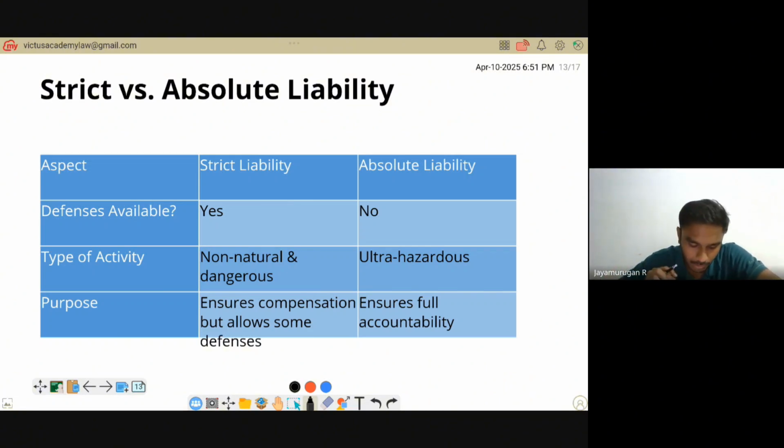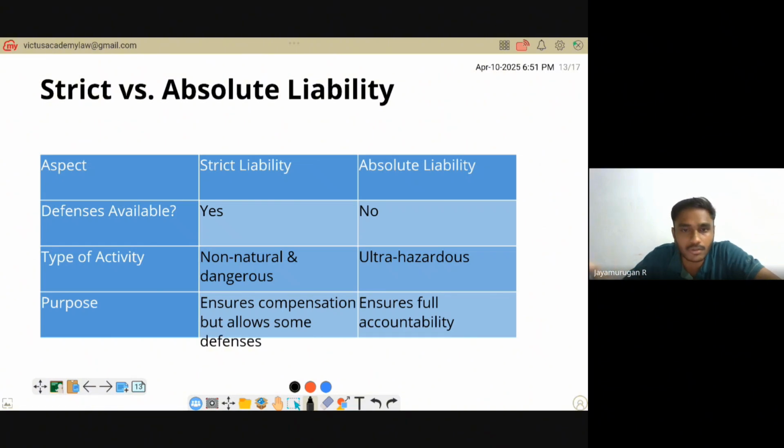Secondly, coming to the type of activity carried out by the defendant, in strict liability it is non-natural and dangerous. In absolute liability, it must be ultra hazardous or inherently dangerous, for example nuclear energy plants, toxic chemical manufacturing, etc. Then, the purpose is more or less similar.